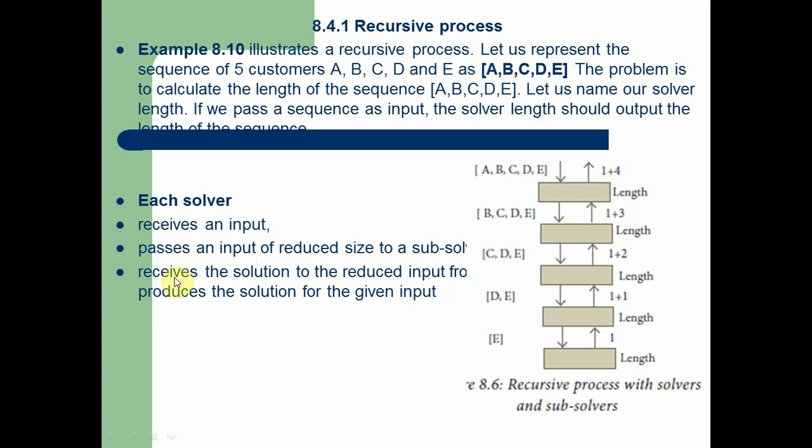In the third step, it receives the solution to the reduced input from the subsolver, and produces the solution for the given input. So this is how the solvers accept each and every input from previous solvers and try to create a big solution from the smaller inputs.